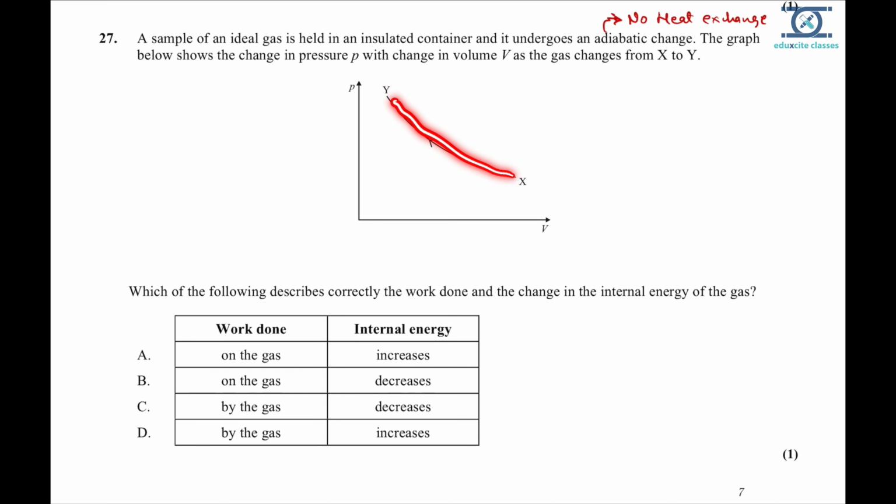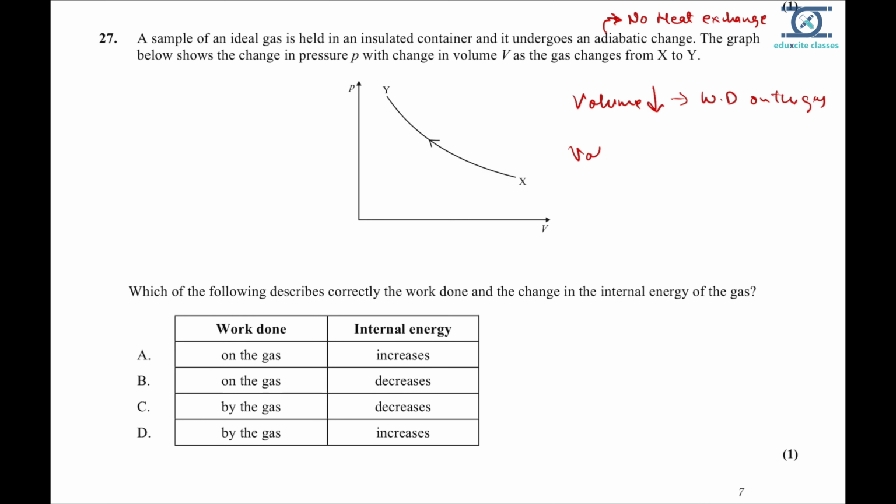the gas is compressed. Okay, so if the gas is compressed, it means work is done on the gas, because the volume is decreasing. So whenever the volume is decreasing, make sure it means work is done on the gas. Volume decreases means work done on the gas, and vice versa.